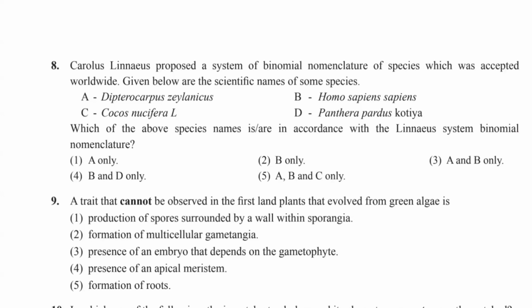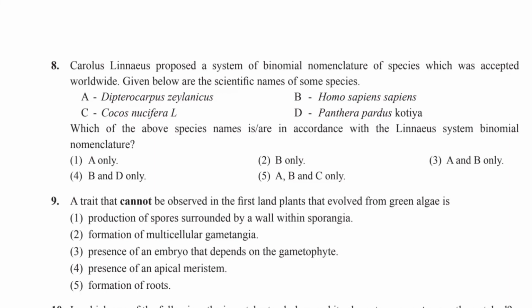Question number 9. A trait that cannot be observed in the first land plants that evolved from the green algae. Right? Now, plants, it is believed that the members of this kingdom Plantae evolved from chlorophytes or green algae. Right?